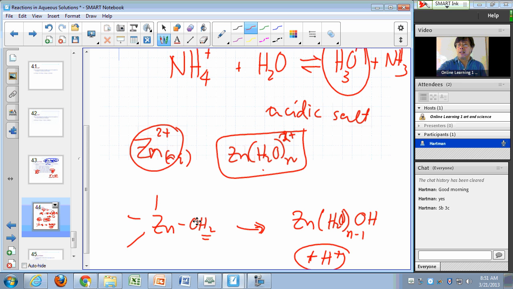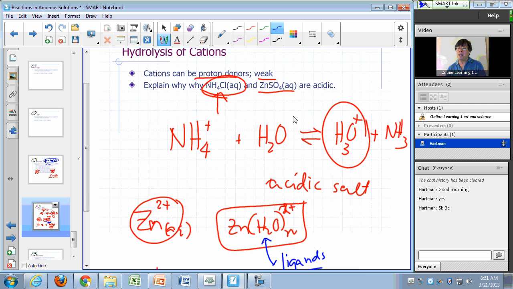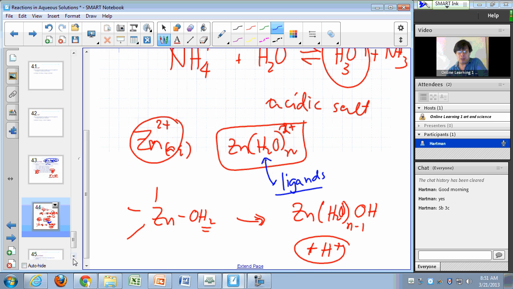These water molecules tied to your zinc ion are called ligands. You have water molecules surrounding a transition metal. So transition metals and aluminum ions tend to generate acidic solutions, because when they have water molecules bonded to them, the hydrogen ion from the water molecule can readily break off to give you H plus ions in solution.